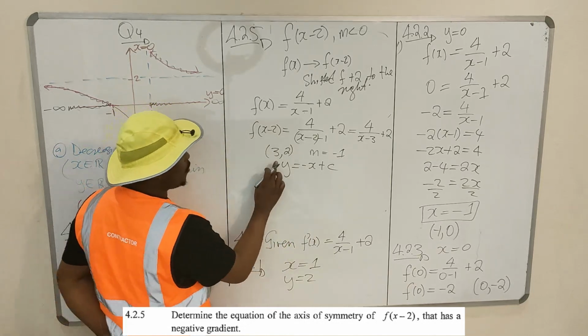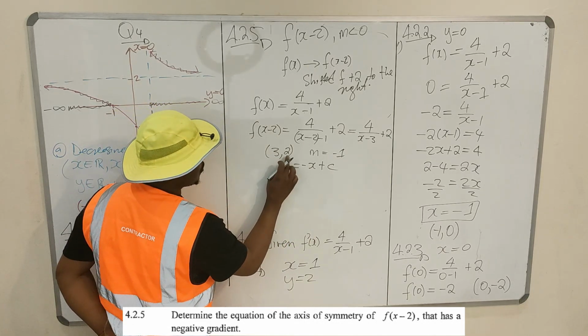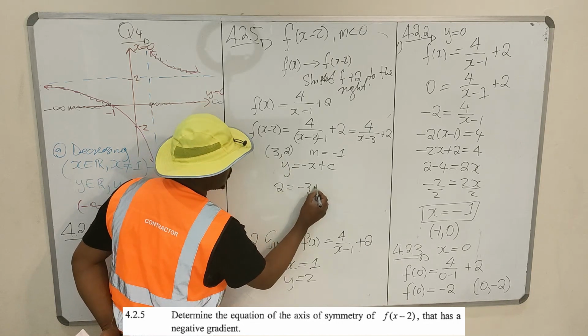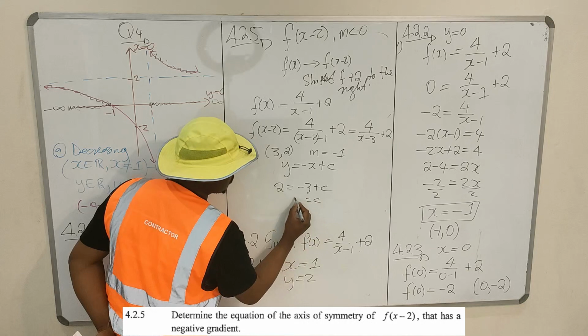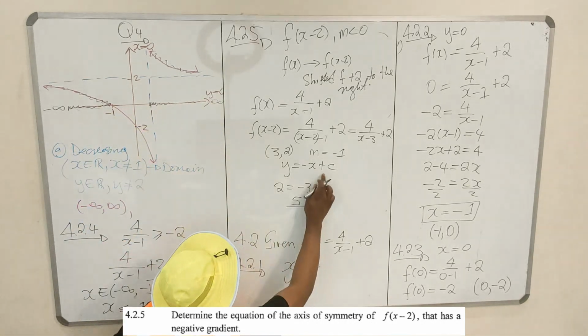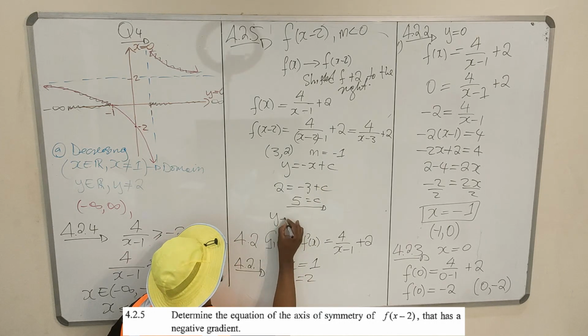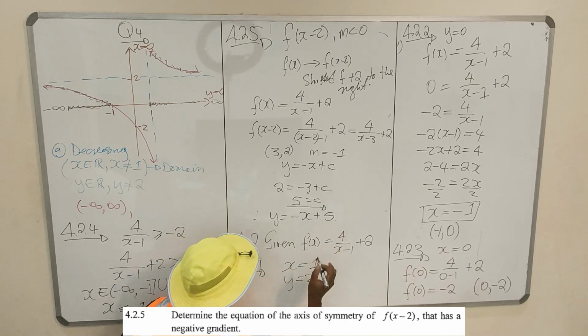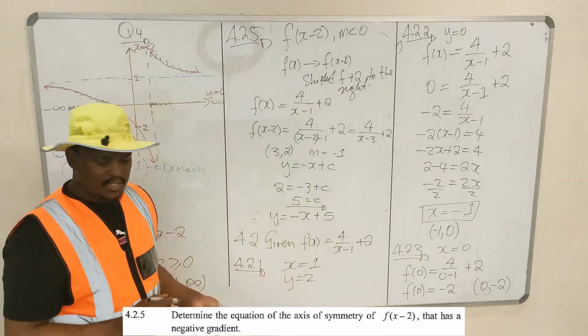You know your x is equal to 3 and your y is equal to 2. So 2 is equal to negative 3 plus c, so your c is equal to 5. Therefore, the equation for the axis of symmetry is y is equal to minus x plus 5. And you're done with this question.